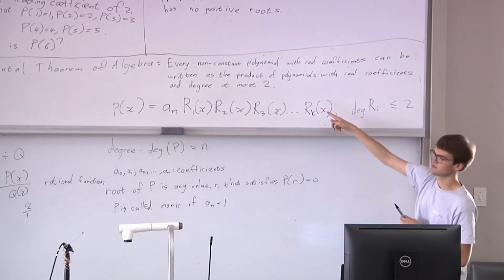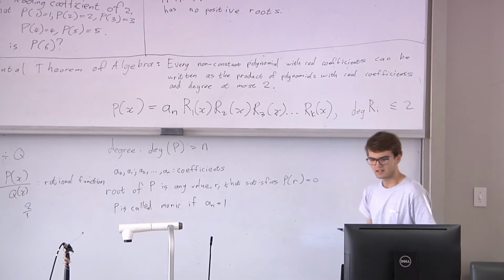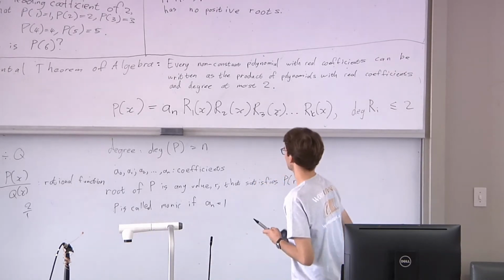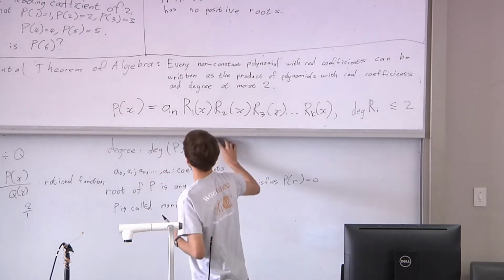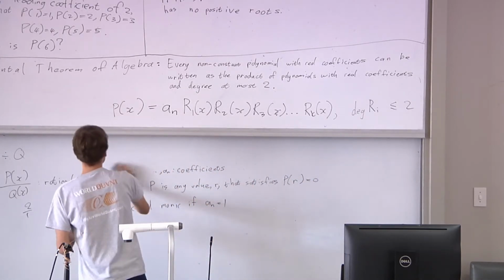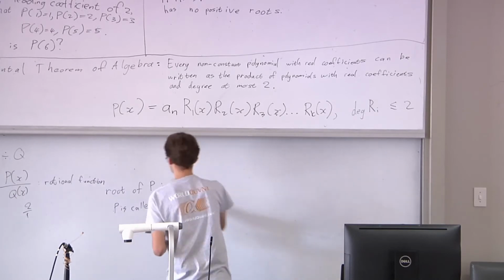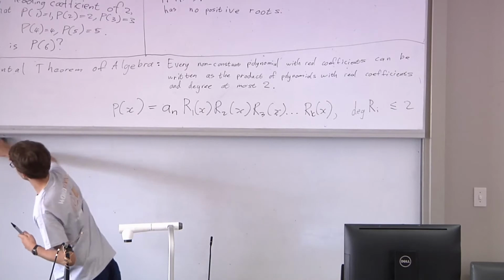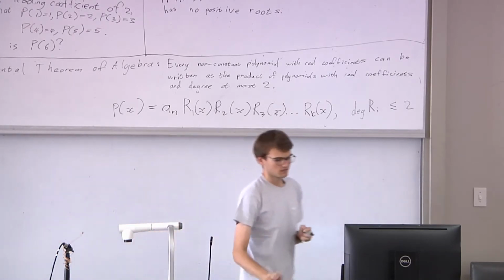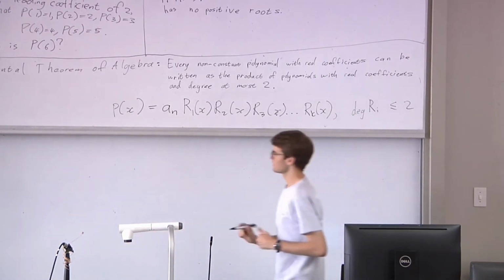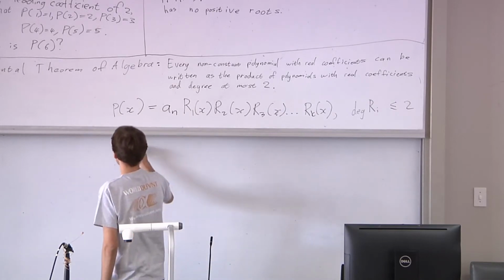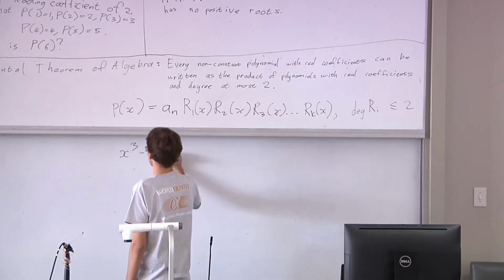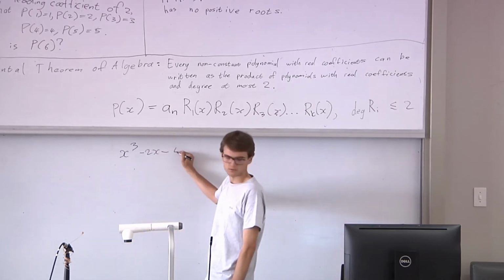This is sometimes useful for polynomial questions. We can do an example. Okay, so consider x cubed minus 2x minus 4.